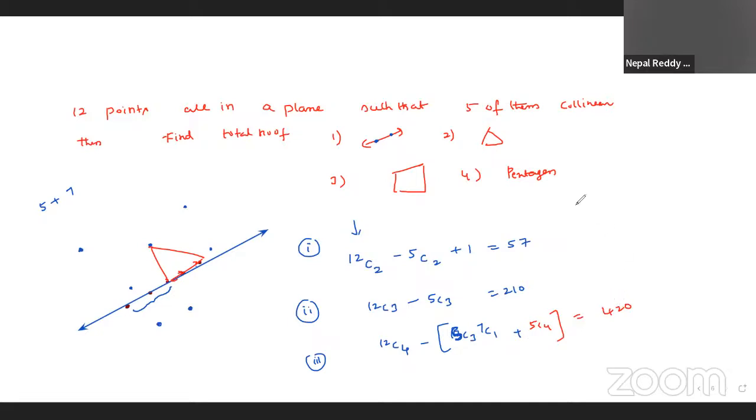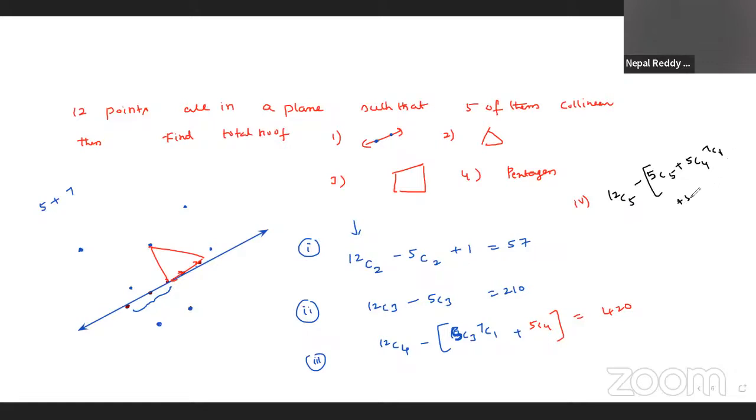Next, pentagon. Out of 12 points, if you select 5 points, that gives a pentagon, but if you choose 5 points on the collinear points, then that is a straight line but not a pentagon, right? And hence 12C5 minus 5C5 you have to write. And also, if you select 4 from the straight line and 1 from the remaining, you will get a triangle there.